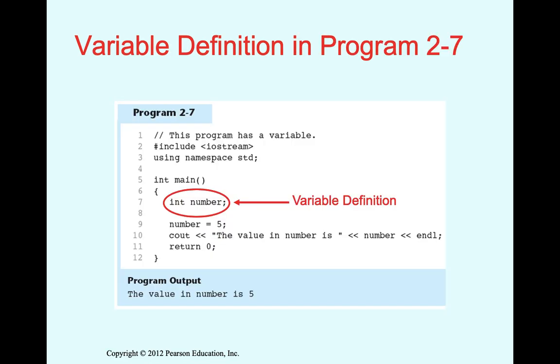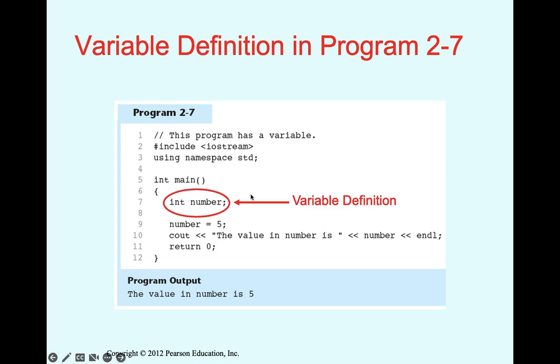So for example, this is another example. This is a comment, include iostream because I want to use this file for the output, using namespace std because I want to use cout, int main, start of the main, end of the main, and here I defined a variable of type integer and the name of this variable is number. Later I can make number equal to 5.